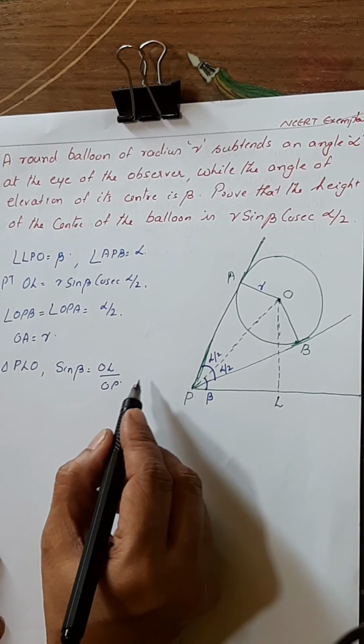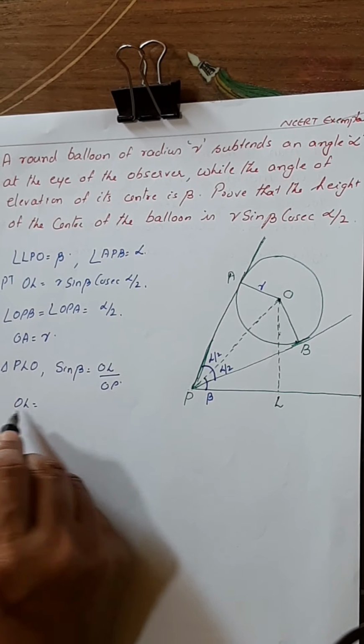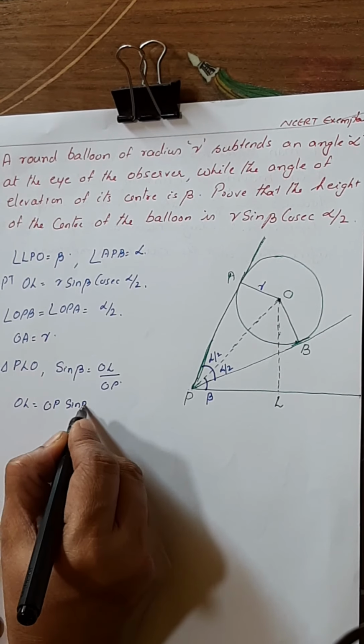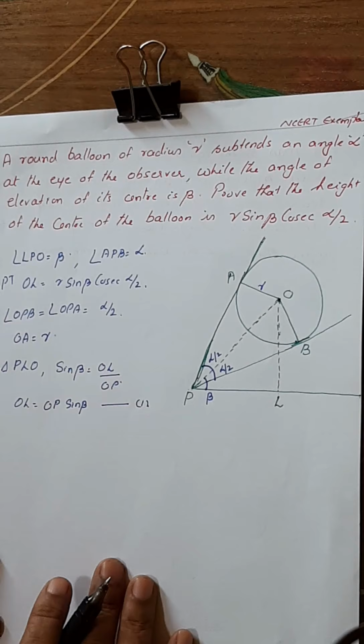So we get OL is equal to OP into sine beta. Let it be equation 1.